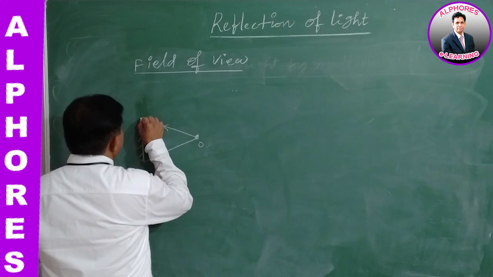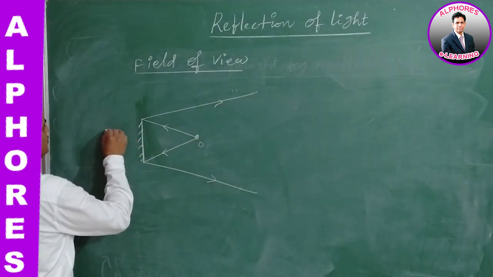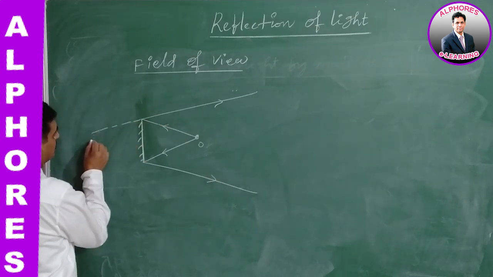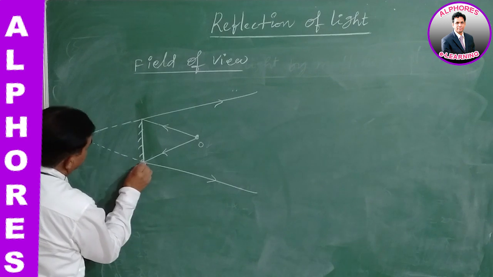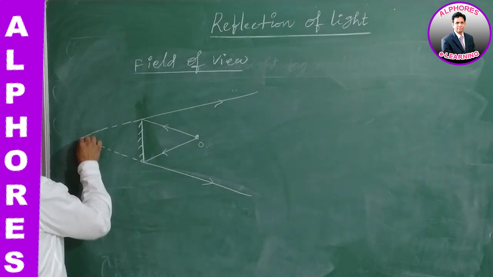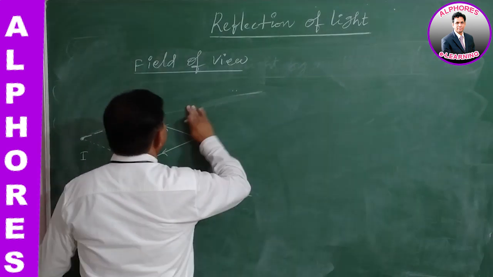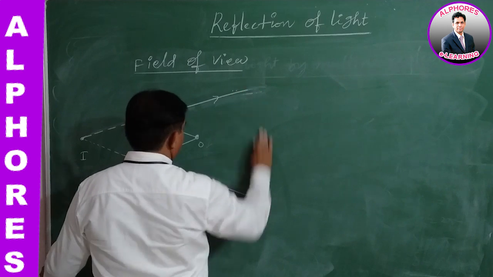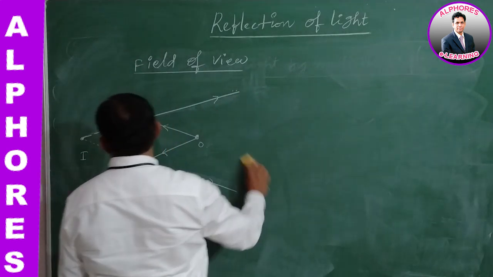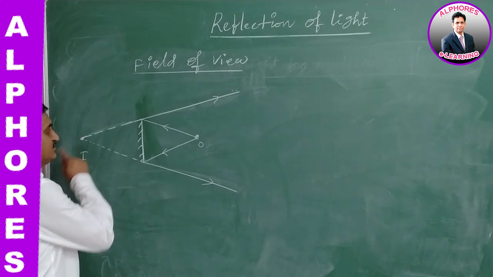After reflection, the rays are extended backward. This is the image. This is the object and this is the image. This image is a virtual image.